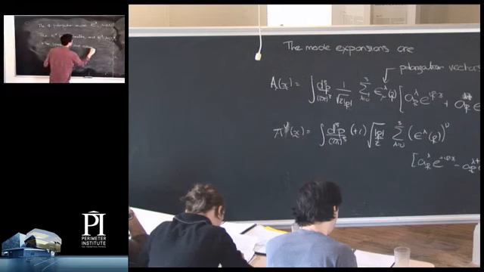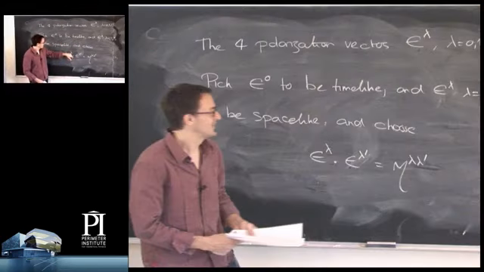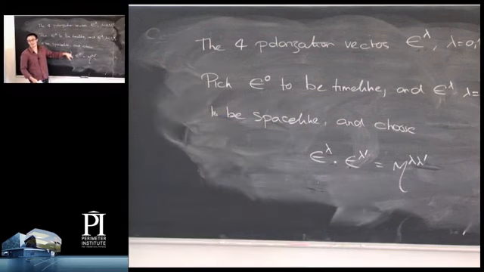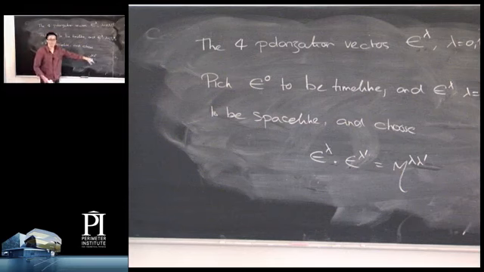And so we'll pick these to be some orthonormal basis, where the four vectors are labeled by lambda equals 0, 1, 2, 3. You dot them because they're each 4-vectors. These sets of vectors are orthonormal in this sense. Okay. Sorry, that's really muddled.